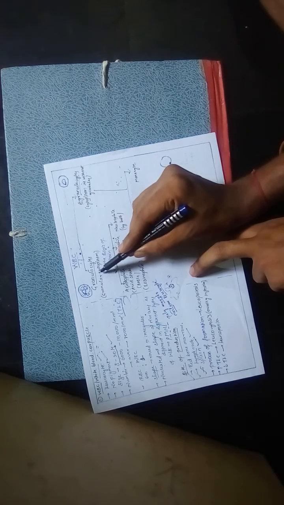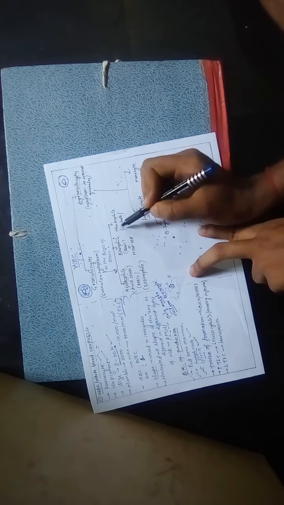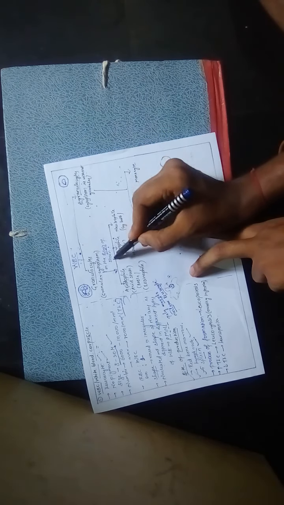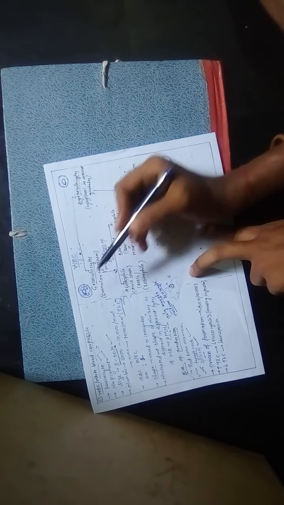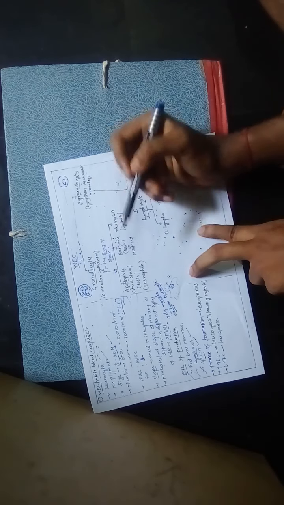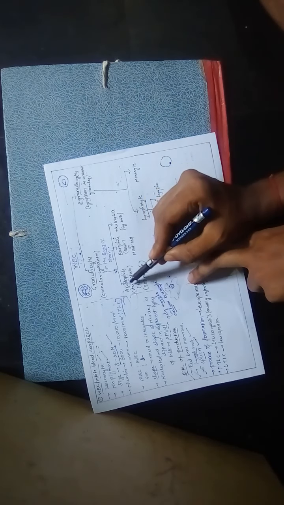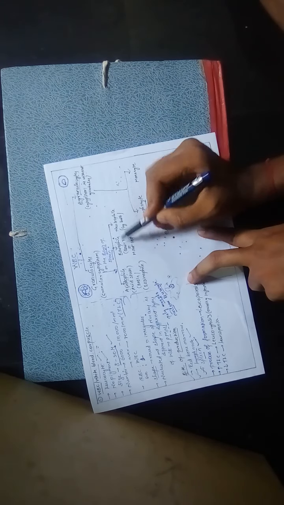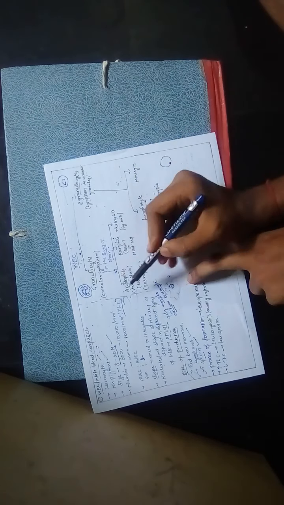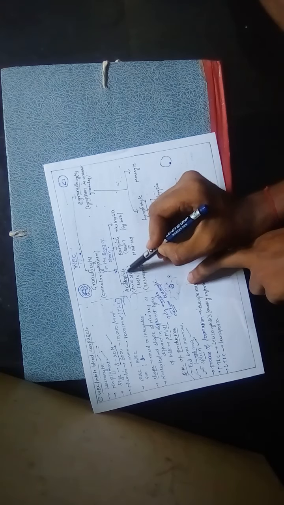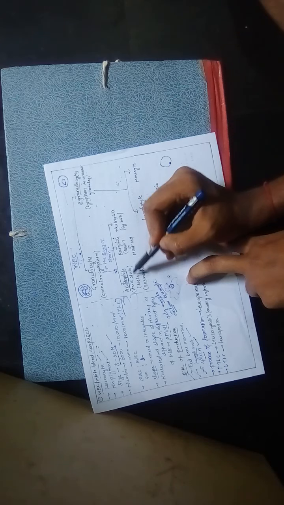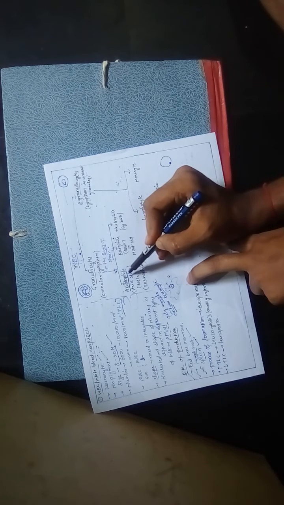Granulocytes are further divided into three types based on the stain. The granules can accept a particular type of stain. Based on that staining, it is divided into acidophils, basophils, and neutrophils. If the cytoplasmic granules accept acidic stain, it is called an acidophil.